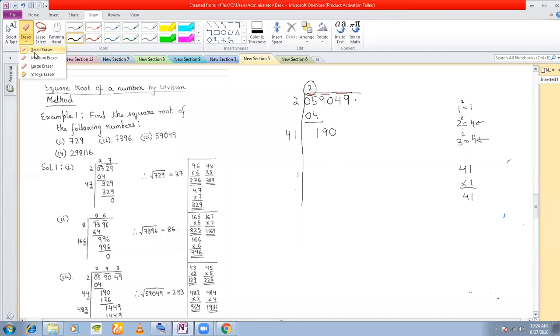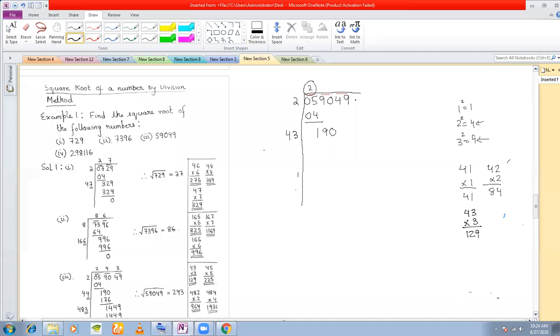Let us try 2. Now we have 42 into 2, which is 84, which is again much less than 190. We will try 3. 43 into 3, 129, which is quite close to 190.